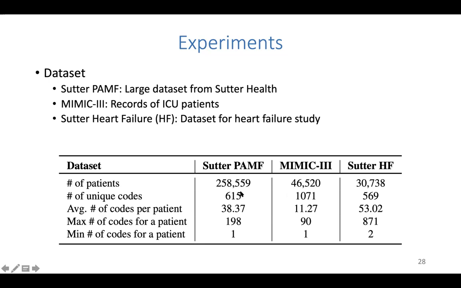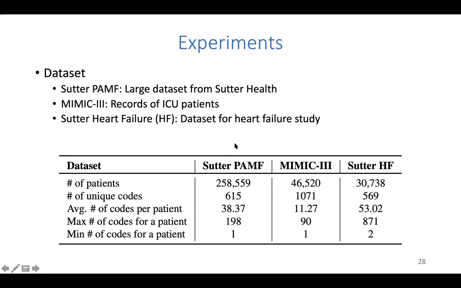In the raw data, if we're counting only the diagnosis codes, there could be more than 10,000 diagnosis codes, because we're using ICD-9 5-digit diagnosis codes. But what we're doing here is aggregating that into higher level categories. That is why we have only 615 here, 1,000 and 569 here.